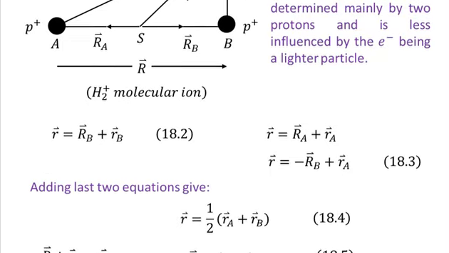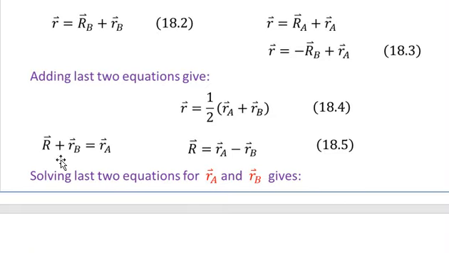So we can write this as the vectorial equation: capital R plus small rb is equal to small ra, and you can find capital R from this equation, that capital R is equal to small ra minus small rb.